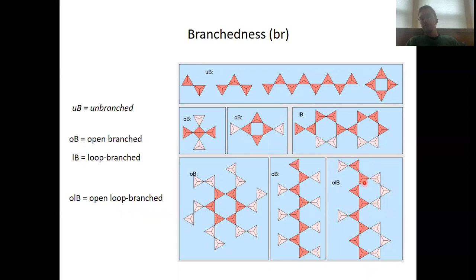These red tetrahedra again make the main chain. Now these tetrahedra here are an open branch, and these tetrahedra here and here make the loop branch. So these are the types of branchedness that you can have in silicates.